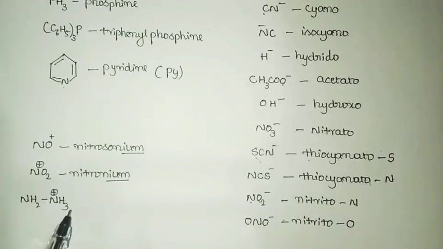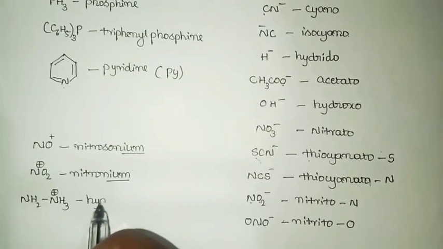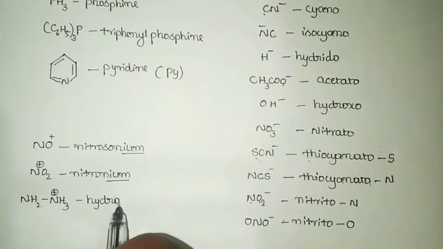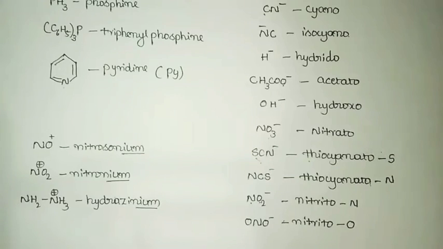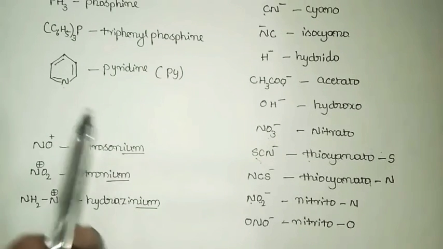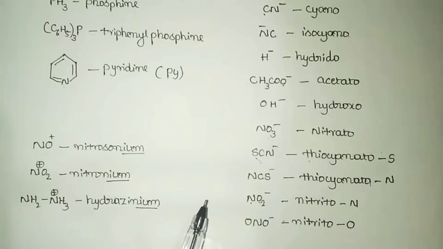We know that NH2NH2 is hydrazine, but by adding one more hydrogen, one of the nitrogens gets the positive charge. So its name changes into hydrazinium, ending with the suffix IUM. And this is the whole and sole thing about the monodentate ligands and the detailed exemplifications and their names.